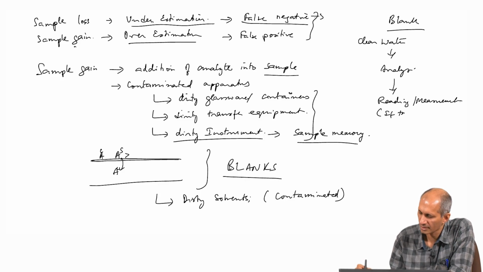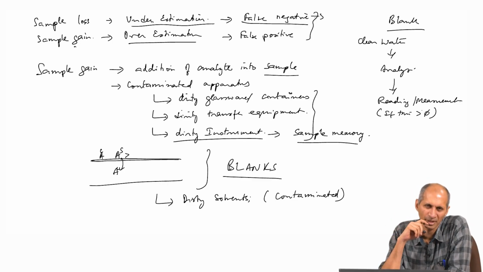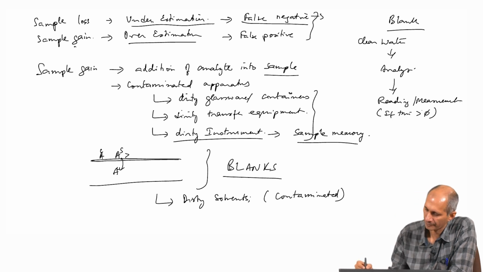If this is greater than 0, it means the system is contaminated, and you cannot do any further analysis until this becomes close to 0 or insignificant, below the detection limit. In other words, the correct criterion is whether it is greater than the minimum detection limit.